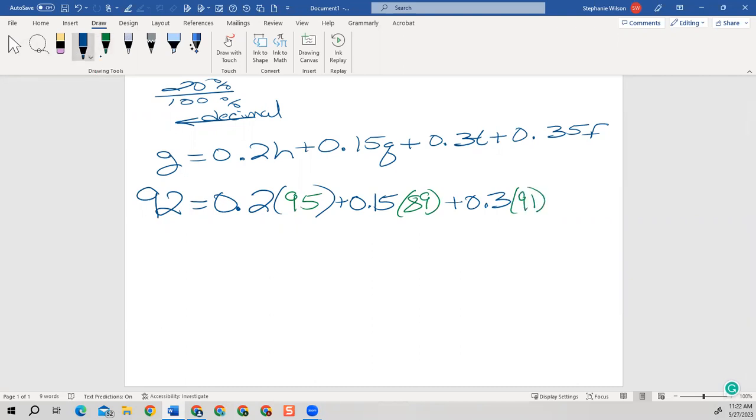But we don't know what to make on the final in order to maintain a 92 average in the class. So we're going to calculate these together. And the F is our unknown.